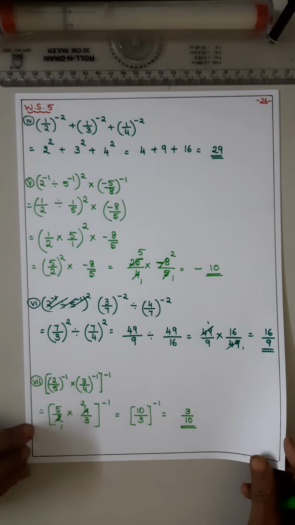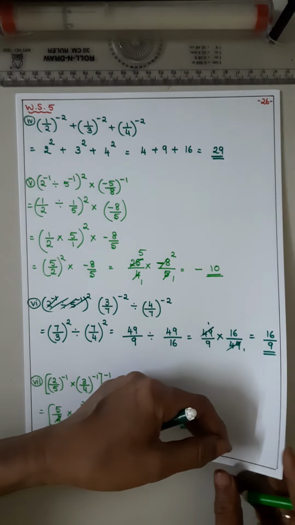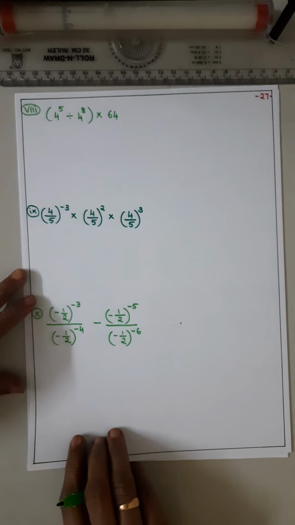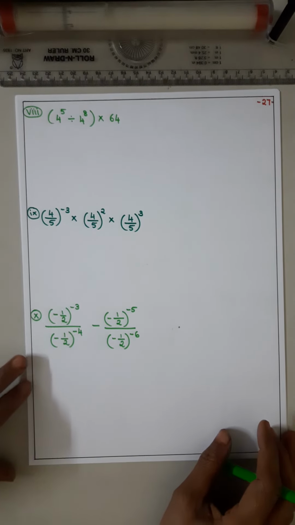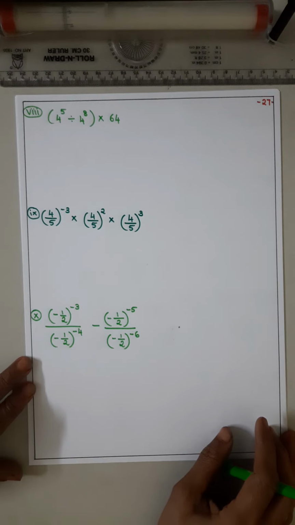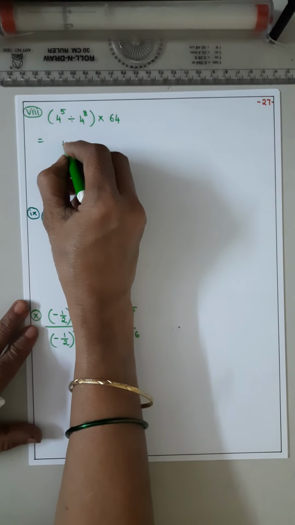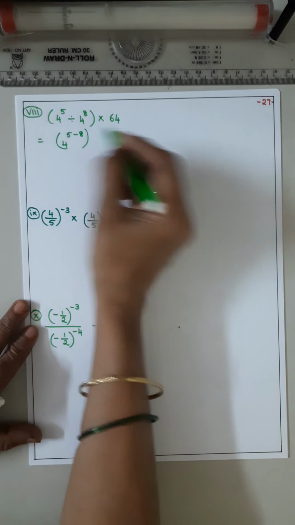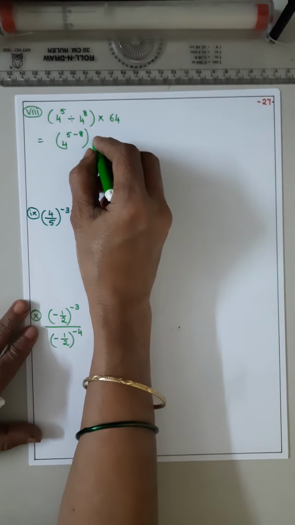नाउ कमिंग टू द seventh sum over. Now coming to the eighth sum. It is 4 to the power 5 divided by 4 to the power 8 into 64. Okay. Now the bases are same. 4 to the power 5 minus 8. Subtract the powers when it is a division in between.